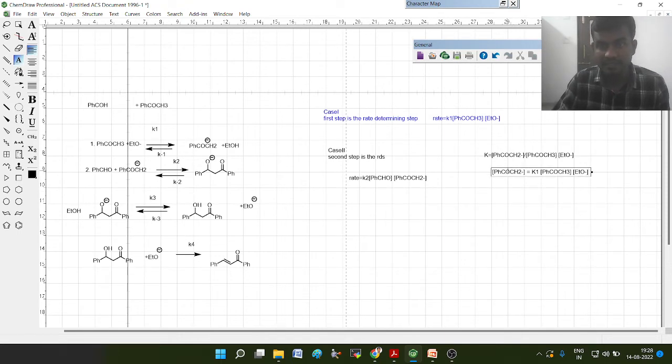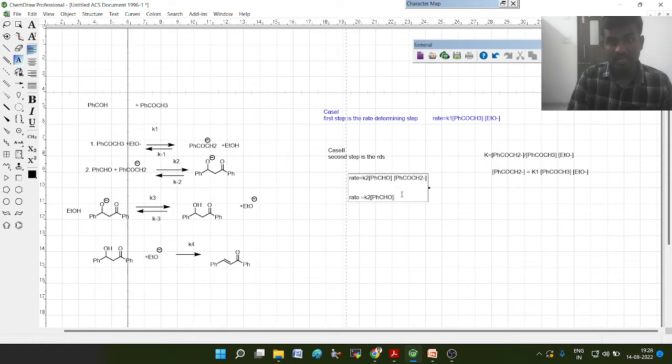Now if I replace the concentration of PhCOCH2 minus with this part, I can write the rate equals rate constant k2, PhCHO remains as it is, and in place of this I will write K1 into the concentration of PhCOCH3 and then EtO minus.